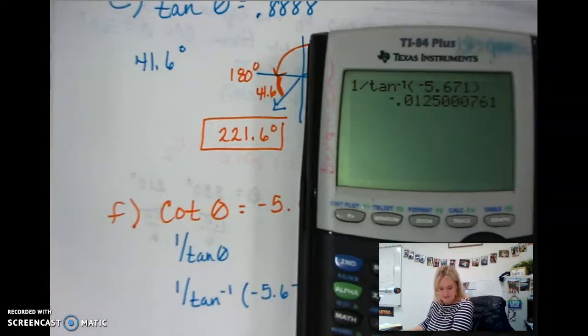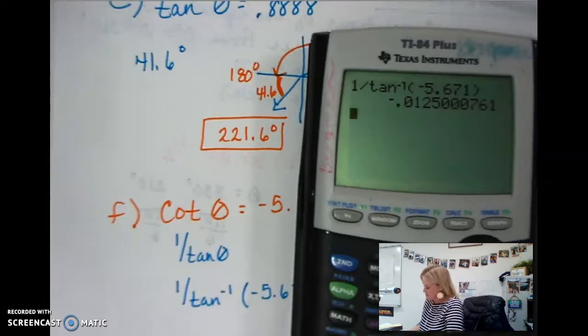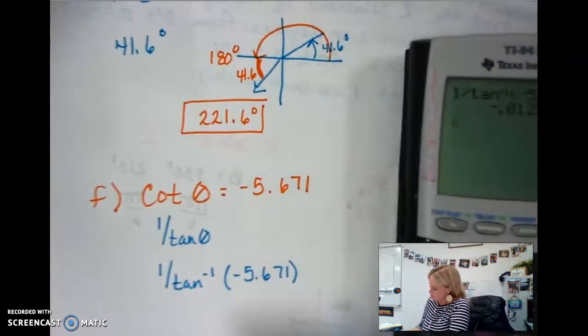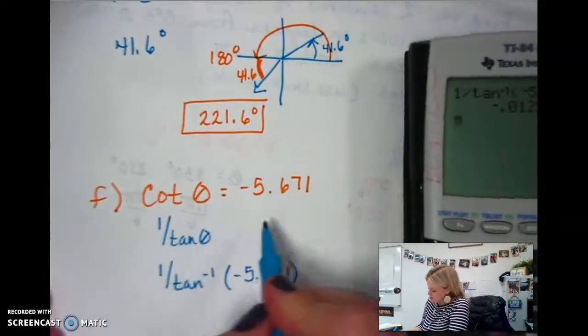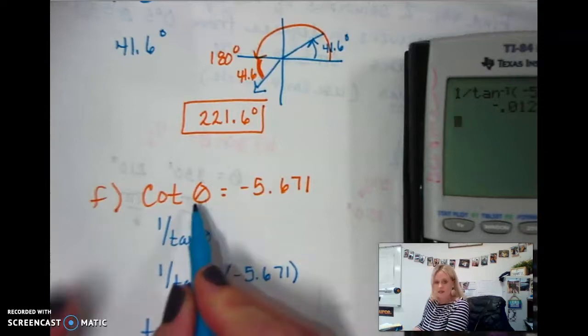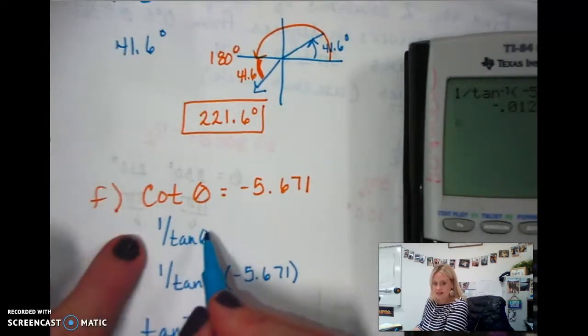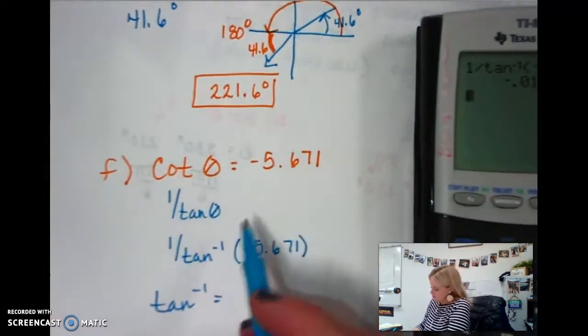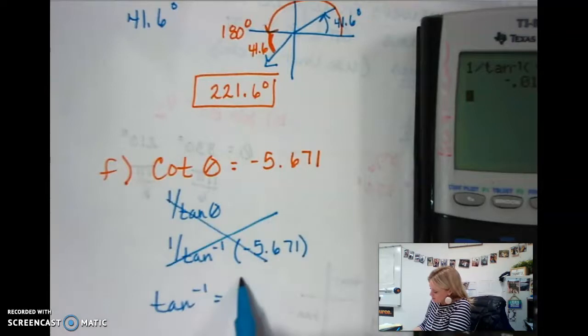Okay, that doesn't seem right, does it? So let me make sure that, oh, you know what? I told you to do it the wrong direction. So it's 1 over tangent, but if we're going to put it in our calculator, we're going to do it this way. We can either reciprocate this side, or we can reciprocate this side. So we don't want to do it this way, we want to do it this way.